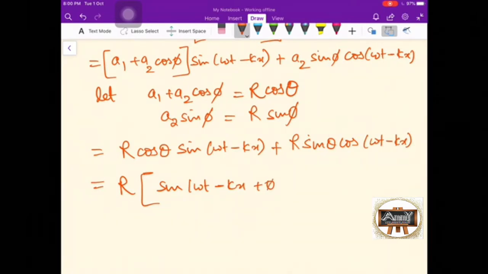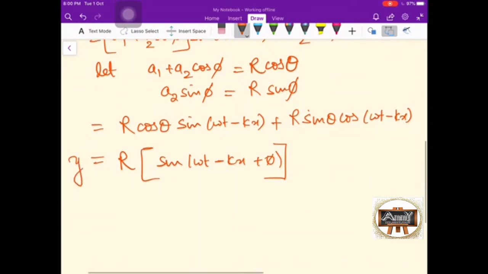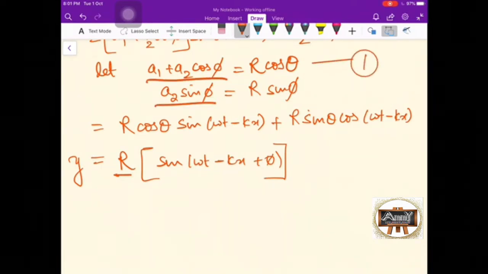Now, since I have reduced this expression to this, I have to find the value of r in terms of the given parameters. Let me name this as equation 1 and this as equation 2. In order to find r, I will square and add equations 1 and 2.